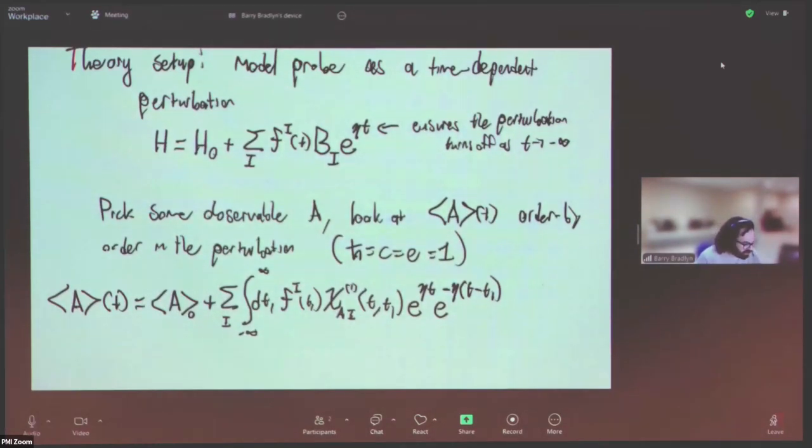Okay, we can continue to second order. We get a similar looking expression, but now we'll have two factors of f. I'll write the second order one.